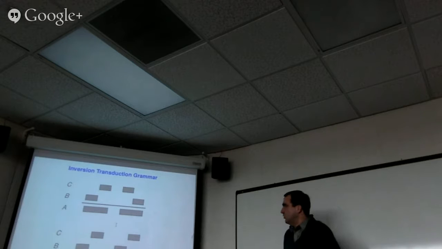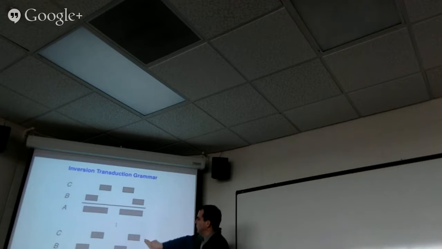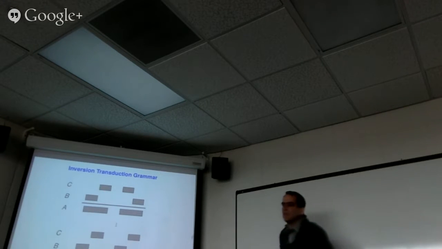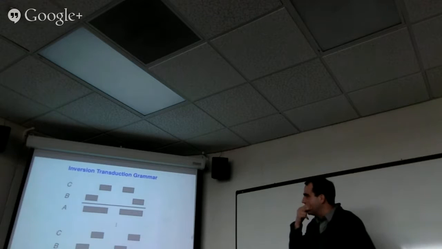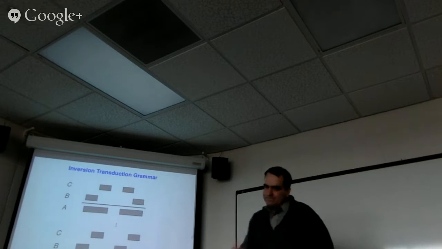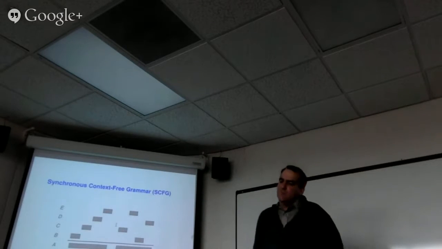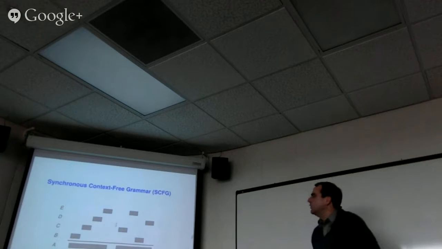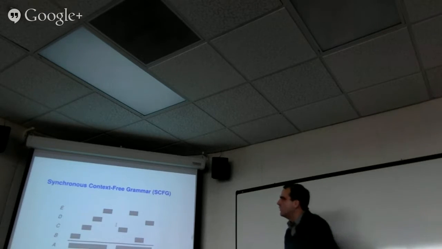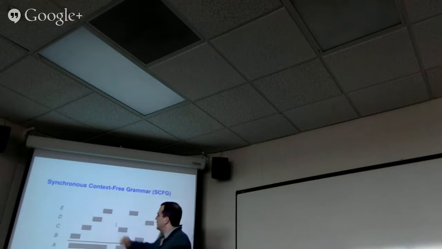And in inversion transduction grammar, there's two patterns that you can have. Either they were in the opposite order in the two languages, or they were in the same order in the two languages. Okay, so this is what parsing ITG would look like. In general, synchronous context-free grammar, you can have more than two non-terminals on the right-hand side. So here you have four. And so you go B, C, D, E in English.